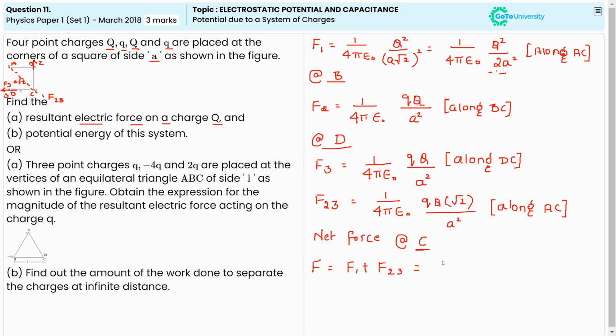This is 1 upon 4 pi epsilon naught into Q square divided by a square into (1/2 plus under root of 2). This force is directed along AC. So this is the direction of force. The total force is given by this equation.